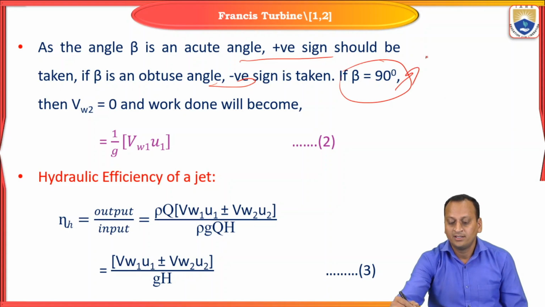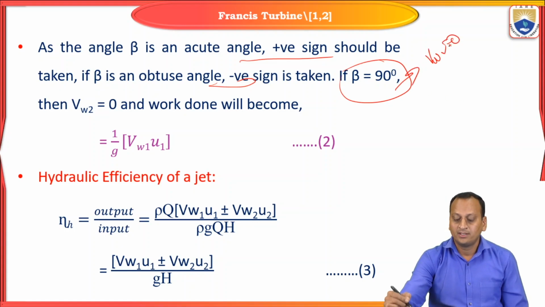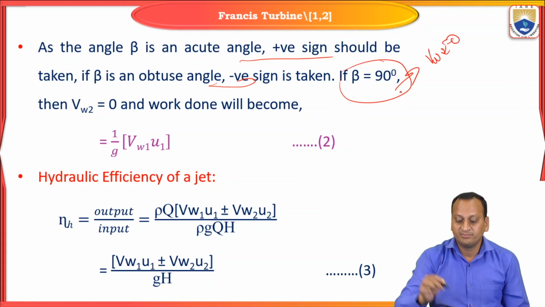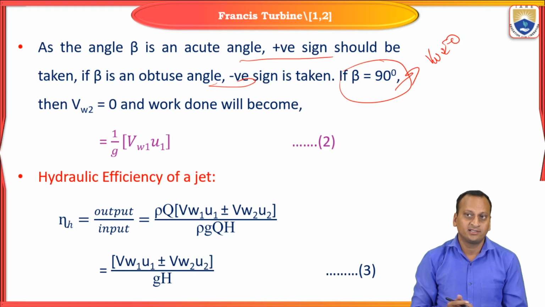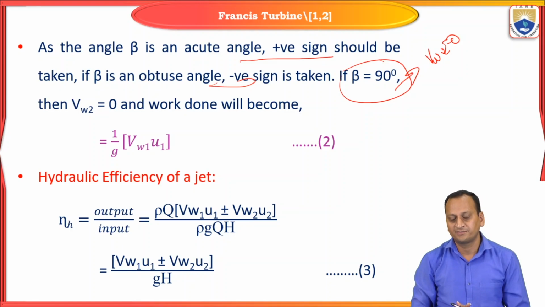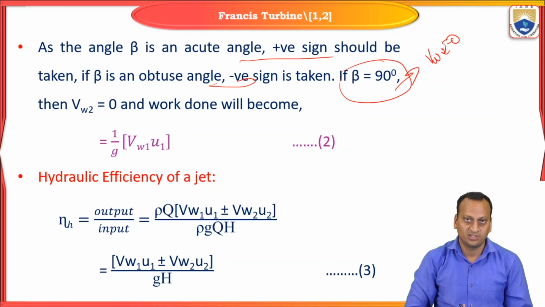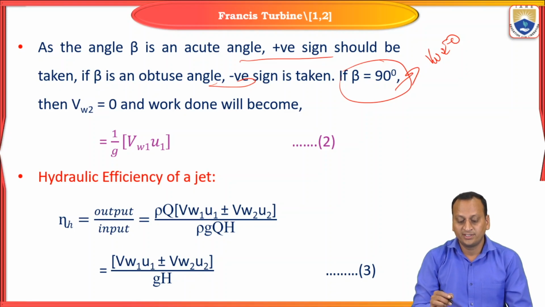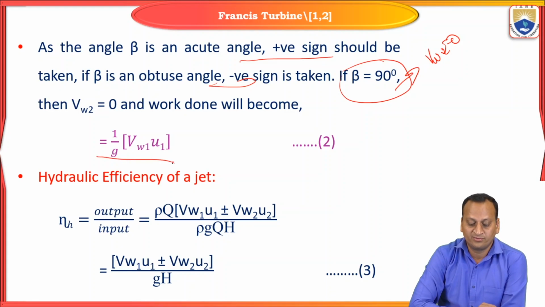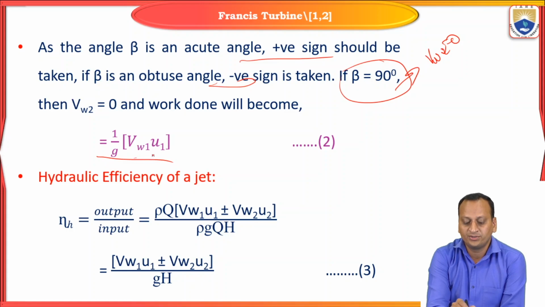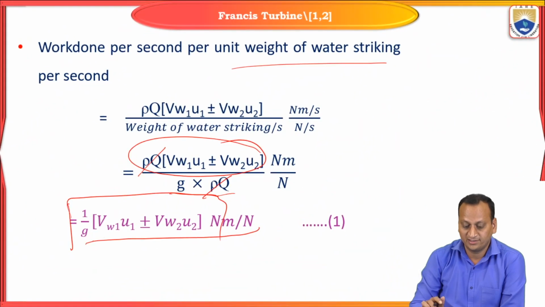Whenever beta is less than 90 or greater than 90, there will be a Vw2 component, but when beta becomes 90, there is no whirl velocity at the outlet velocity triangle. In that case, the work done per unit weight per second is 1 by g into Vw1 U1, because the Vw2 U2 term is cancelled.